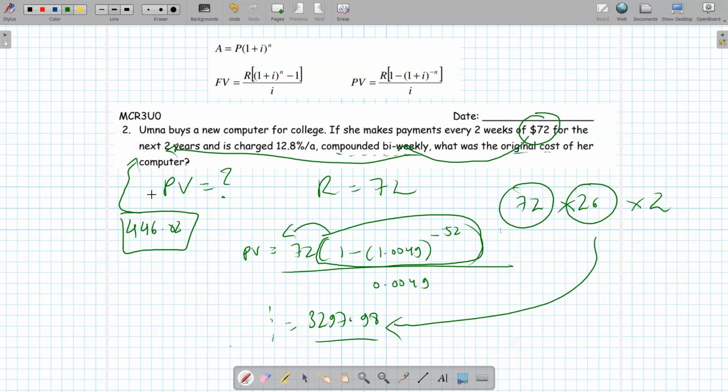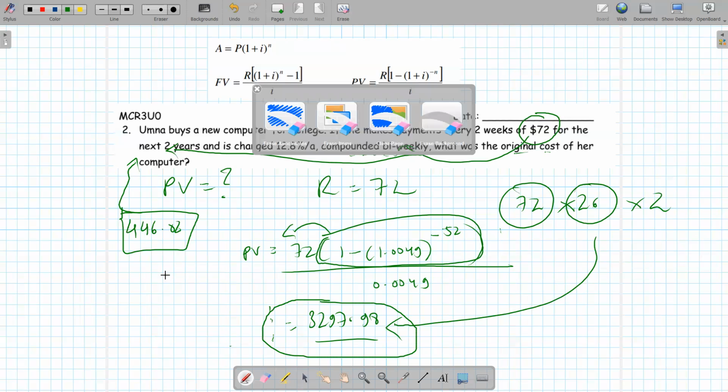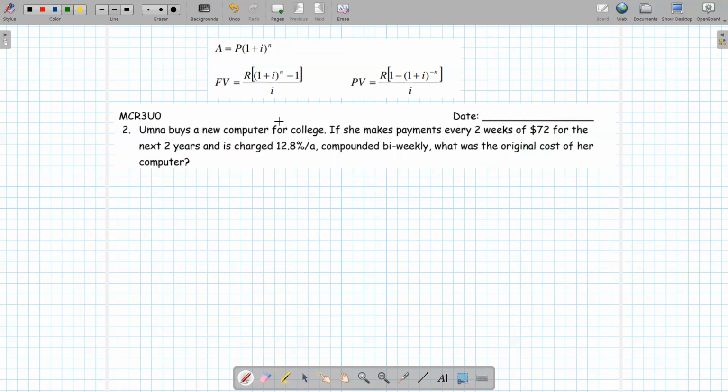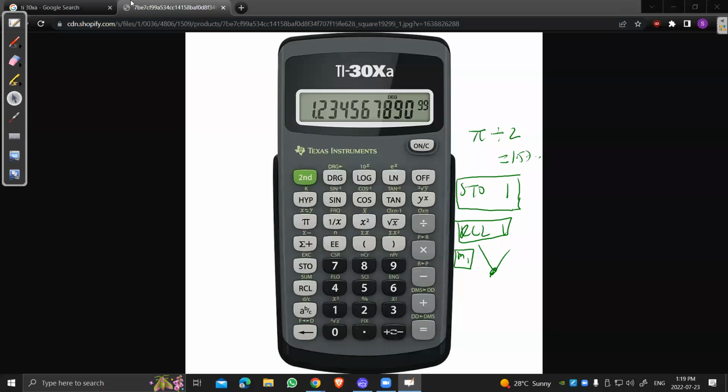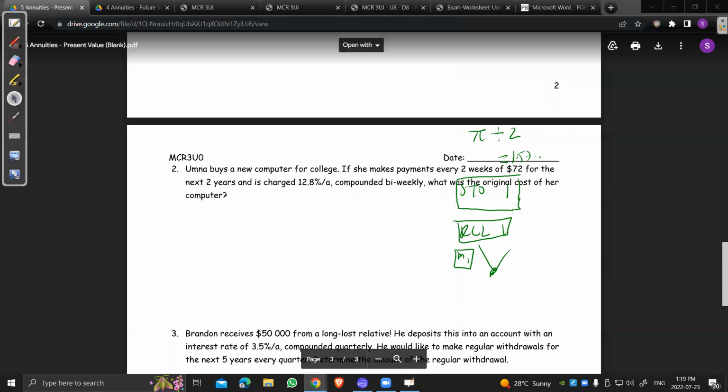Yeah, that's the thing. People make money from the interest actually, because not everyone has, I don't know how much it is, 3,000. That's an expensive computer. I don't know what she bought, but you can buy a nice Chromebook for 400 bucks. Or you could buy an iPad, but I don't know if that'll help you in school.